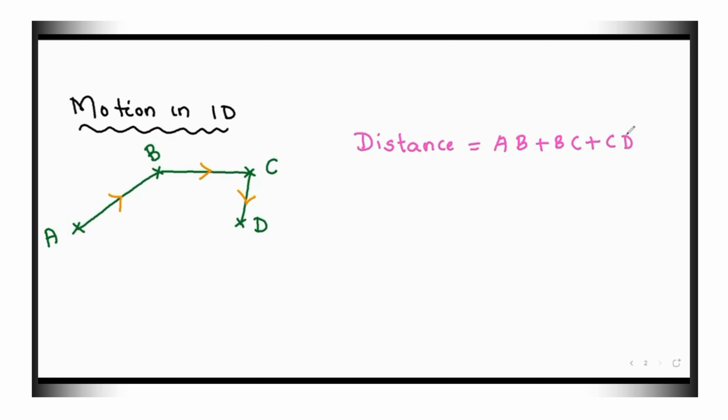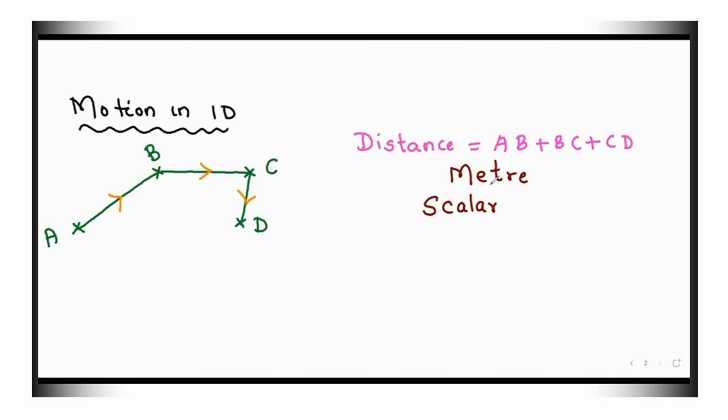You measure this in meters, but there is no specific direction for it. The direction keeps on changing. So this type of quantity, we call a scalar quantity. The moment it starts, it will always be positive.